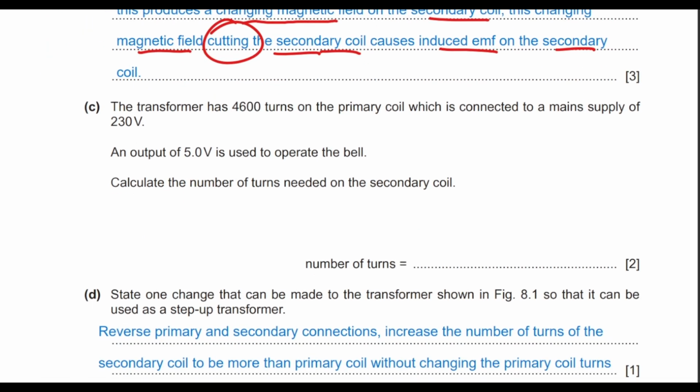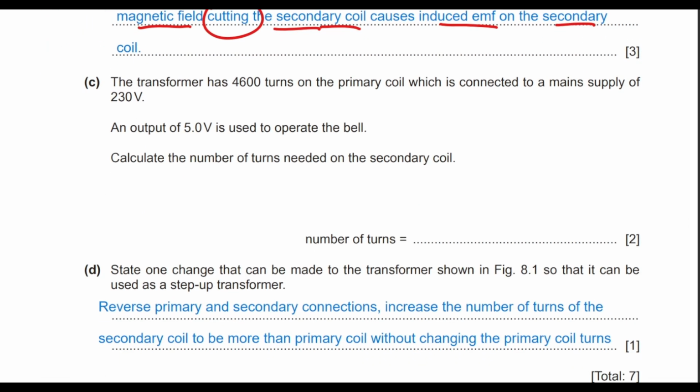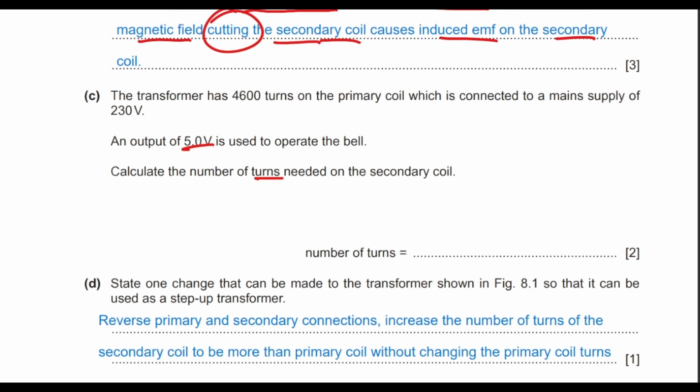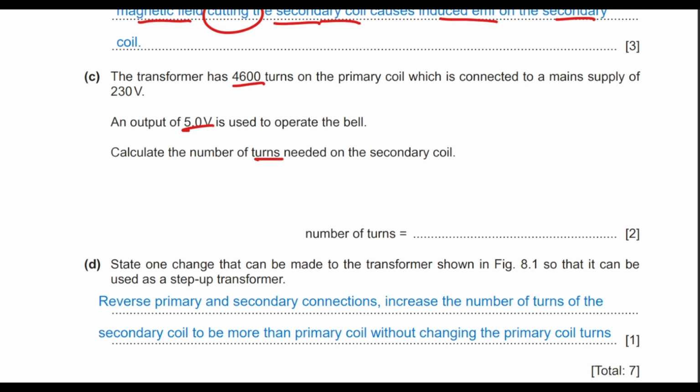It's up to you. He says, find the number of turns for the secondary coil if you want to reduce the voltage to 5 volts if the primary has 4600 turns. The formula is very simple. The number of secondary turns divided by the number of primary turns equals the voltage of the secondary divided by the voltage of the primary. So replacing the values, the primary number of turns is 4600. The secondary voltage is 5 volts as mentioned.